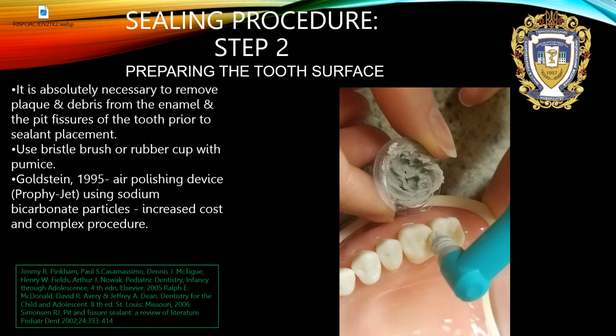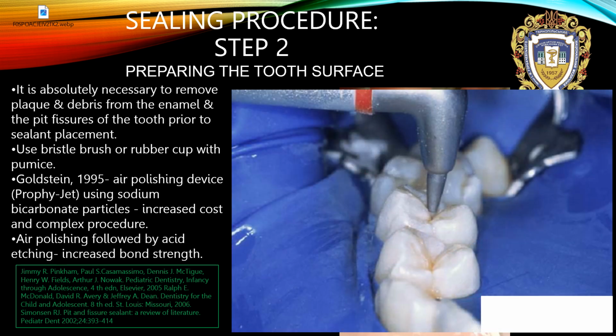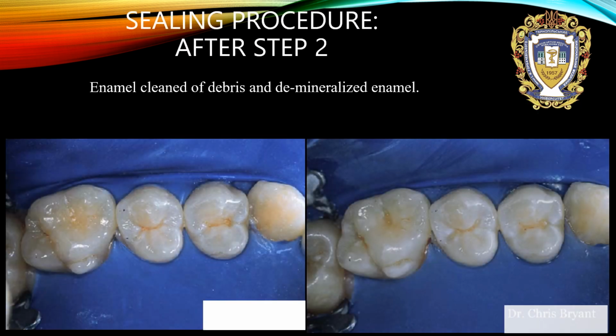This device, of course, increases cost and makes the procedure more complex, but air polishing followed by acid etching increased bond strength. After cleaning, please notice the fissures in premolars.